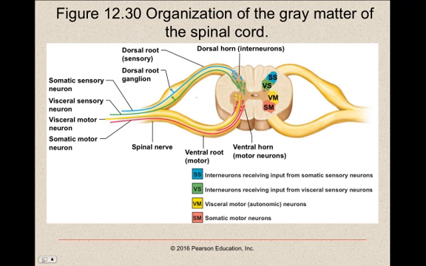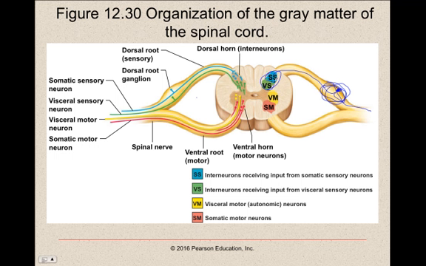So you can see, and this is why it's easy to remember this, because if you remember that here, the posterior root is going to have that posterior root ganglion. So that means we've got sensory neurons that are coming in with those weird unipolar neurons, because those are sensory neurons. And they're going to come in. So, of course, it would be the posterior gray horn that's going to process the sensory information.